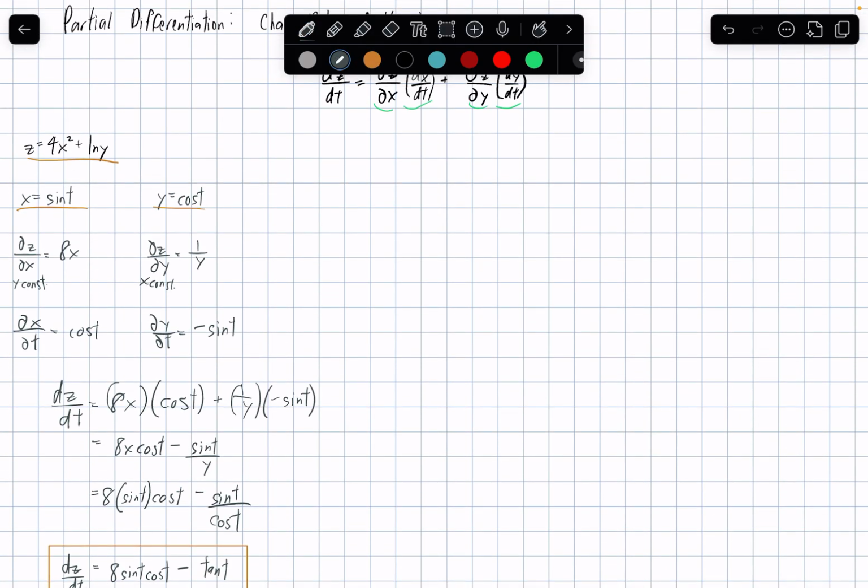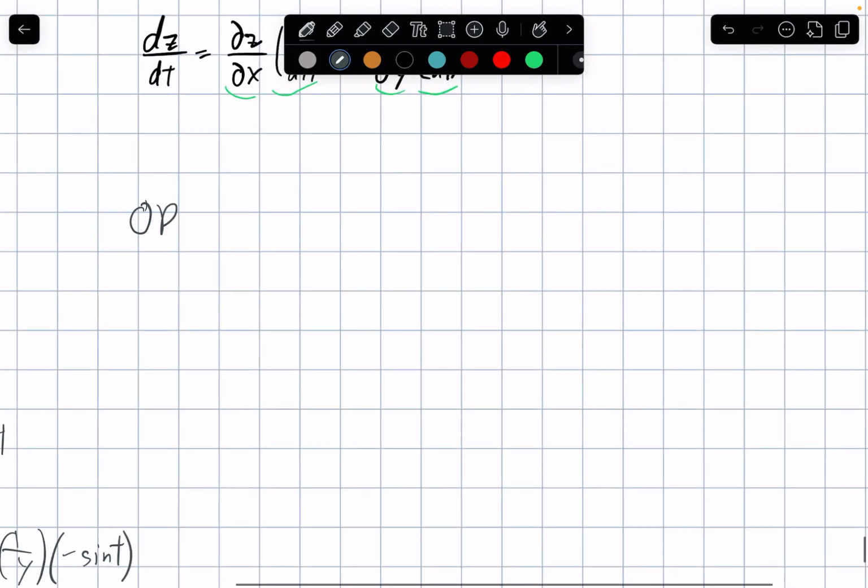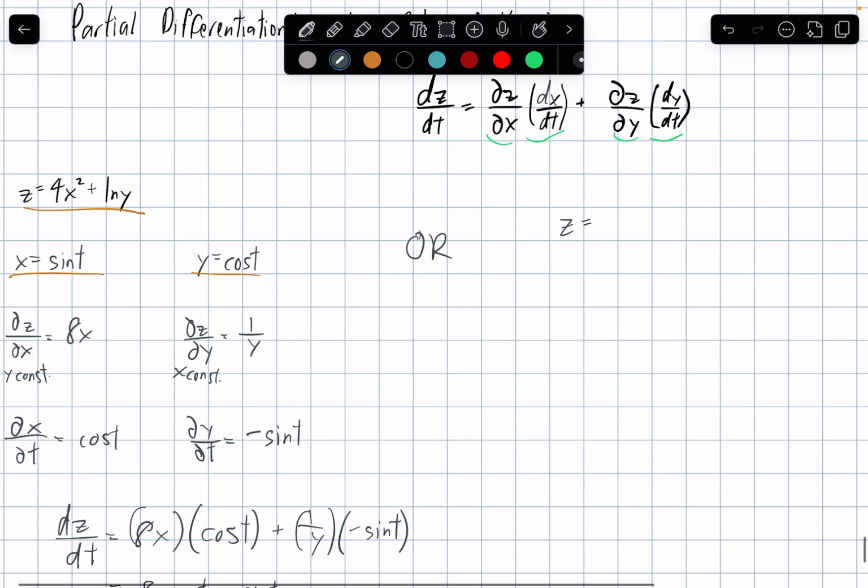What's another way of solving it? Let's try this method. Express z as a function of t. So z is equal to 4 sine t squared plus ln cosine t. You basically substitute x and y respectively, and so you find dz over dt.